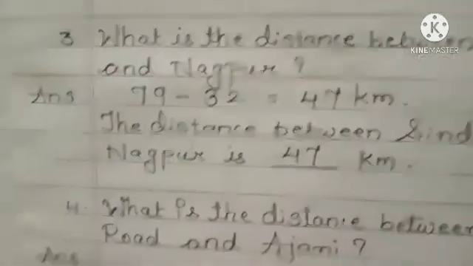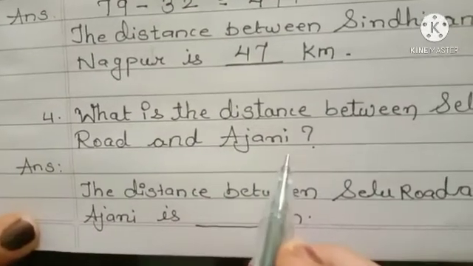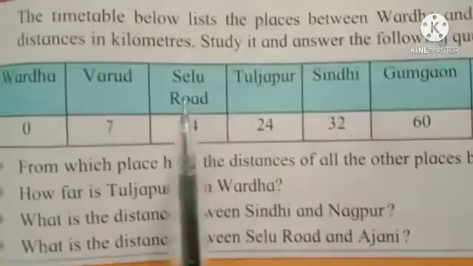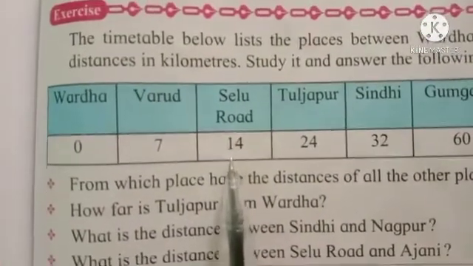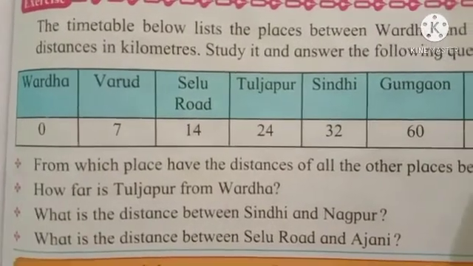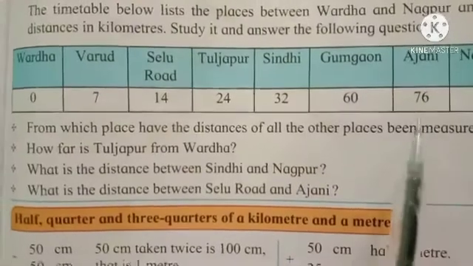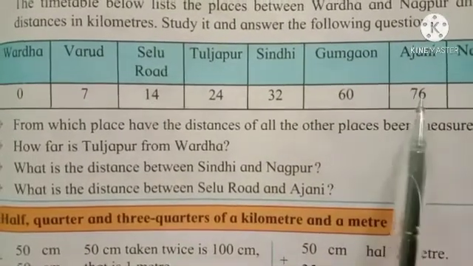Now the fourth question: what is the distance between Selu Road and Ajni? So we'll see where Selu Road is. See here, Selu Road is given as 14 km from Wardha and Ajni is 76 km from Wardha. So again we have to find out the distance between Selu Road and Ajni.